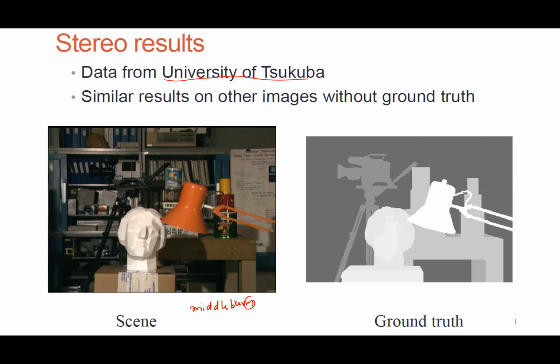You could see here, basically you need to figure out the height information. For example, this table lamp is in front, and after that comes the statue of the head, and behind that there is this table.